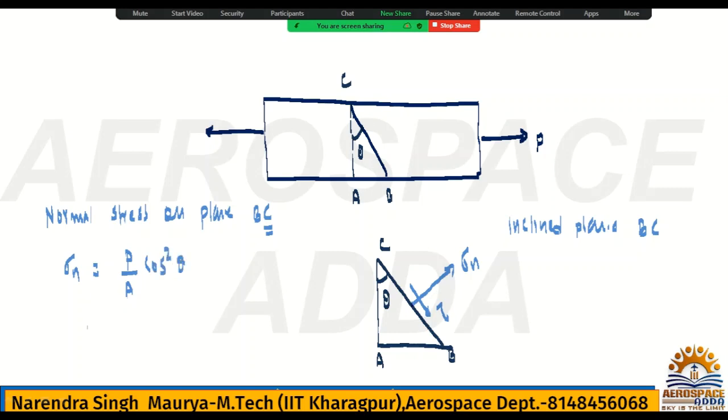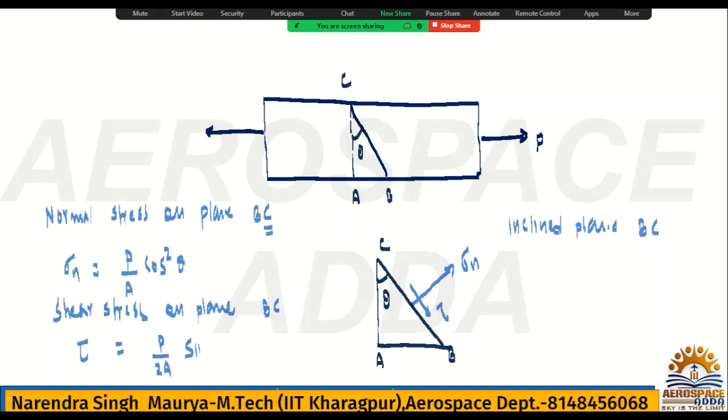Okay. Similarly, what is the shear stress on plane BC? So shear stress tau is equal to, it is nothing but P by 2A sin 2 theta.